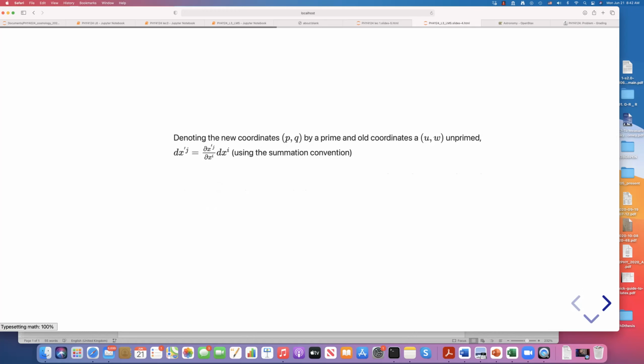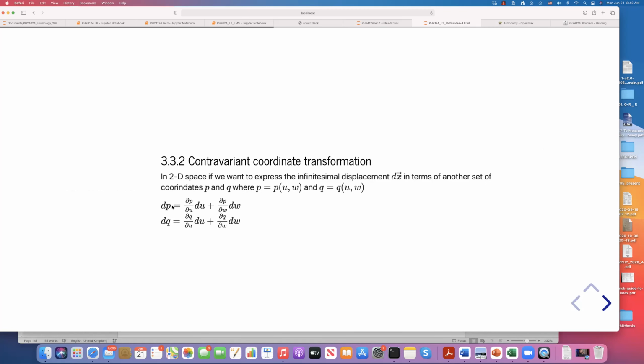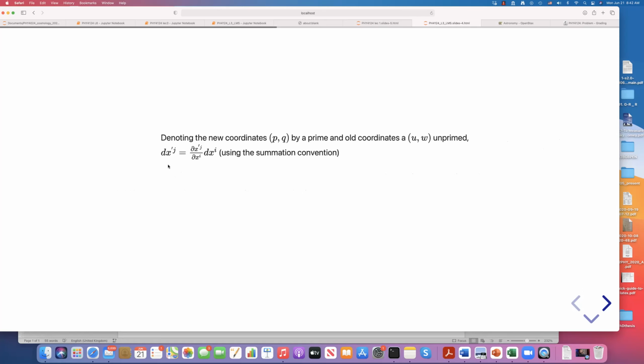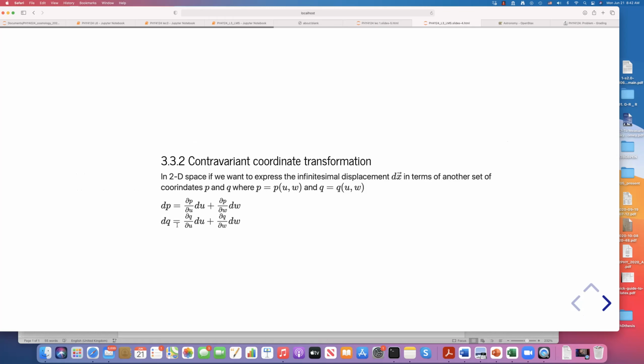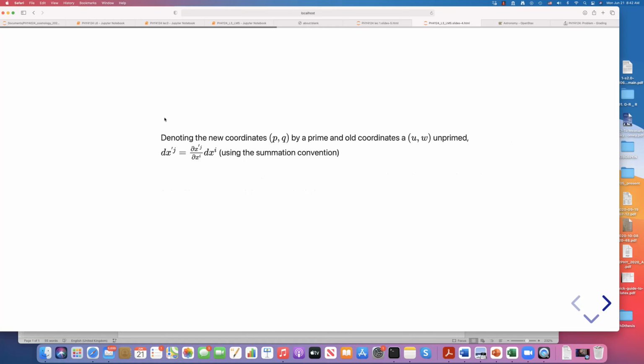Now, why you have this j component right here is for the second equation, right? For j equals 1, you have this dp equation, and then for the second one, let's say j equals 2, what that means is this second equation dq, right? That will be again equal to ∂q over ∂u du plus ∂q over ∂w dw. In that way, you can use the summation to express one equation, and these other indices will represent a separate equation.